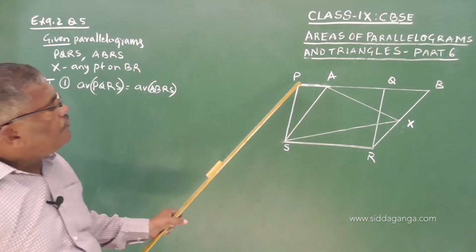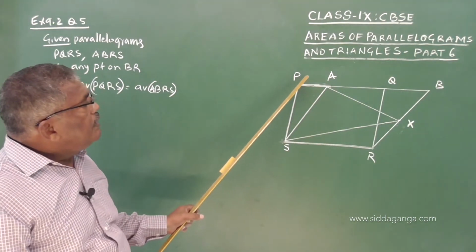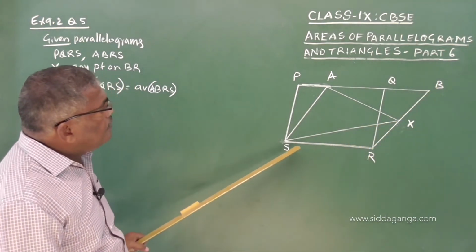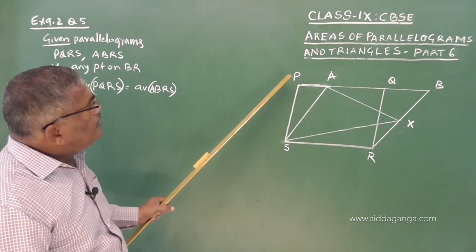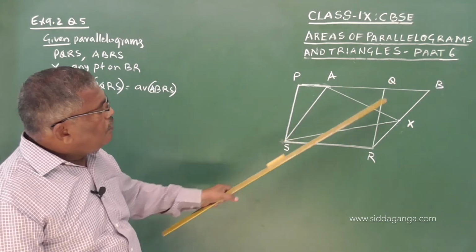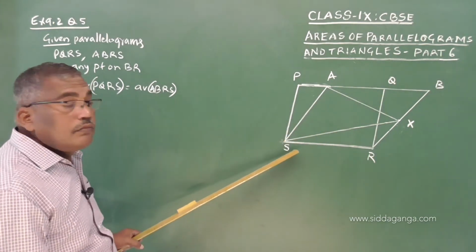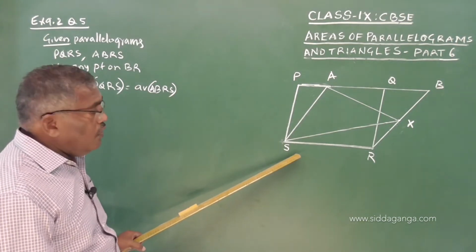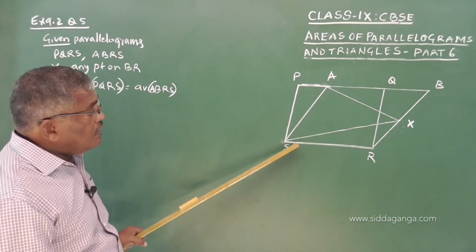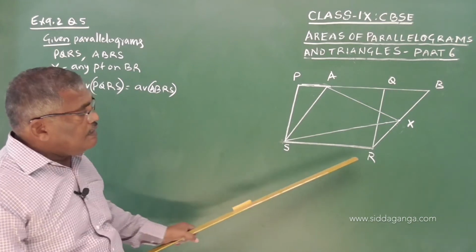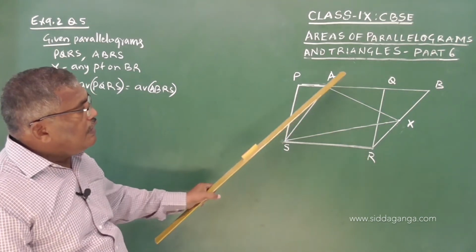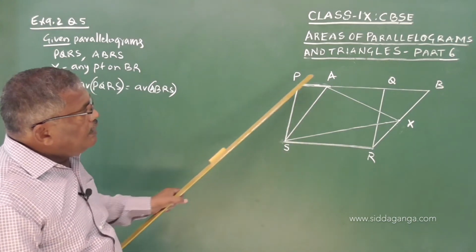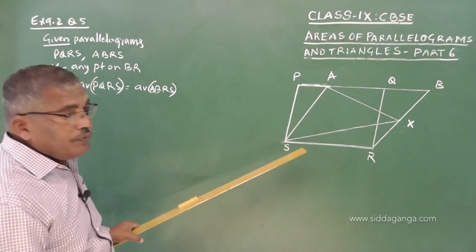You observe these two figures, ABRS and PQRS. These two parallelograms are standing on the same base SR. SR is there in ABRS also and PQRS also.